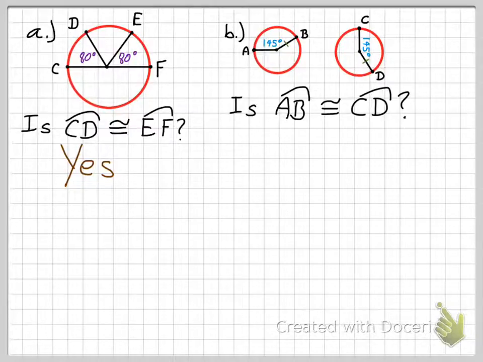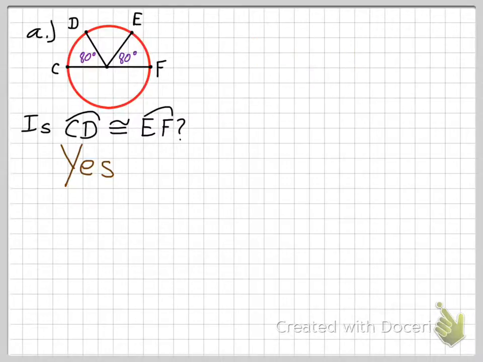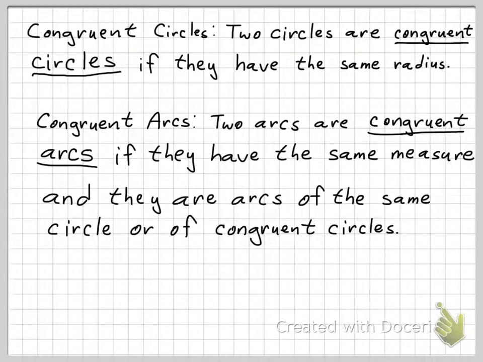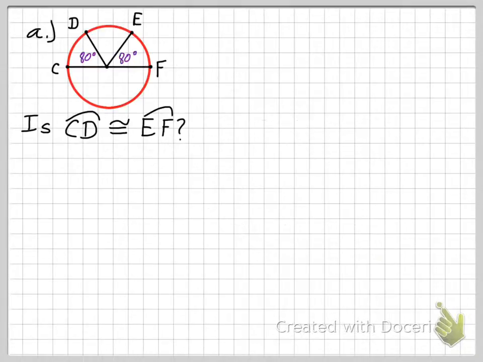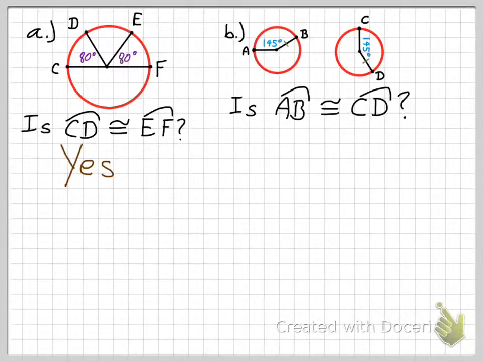Are they arcs of the same circle? No, these are clearly two different circles. But it says, and they are arcs of the same circle or of congruent circles. So look where it says here, or of congruent circles. So if they're in congruent circles, then they are congruent arcs. Okay? So let's check that. Are these congruent circles?